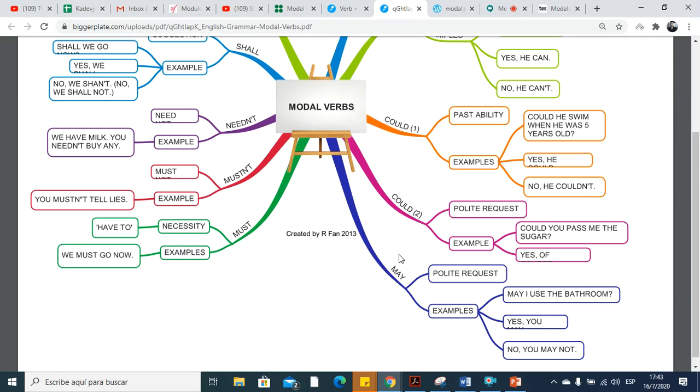Es decir, si estamos con una persona en la casa de alguien y necesitamos usar el baño, tendríamos que decir, ¿podría usar el baño, por favor? So you would say, may I use the bathroom, please? Or could I use the bathroom, please? Both of them are to ask for something politely.